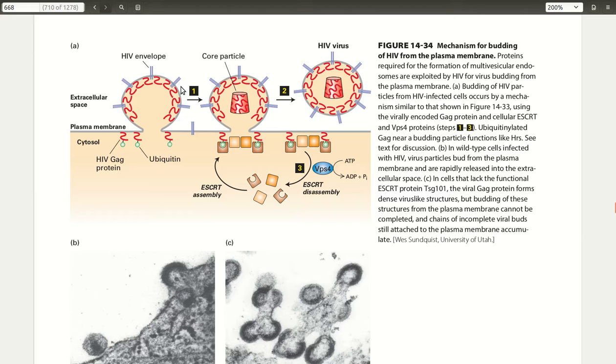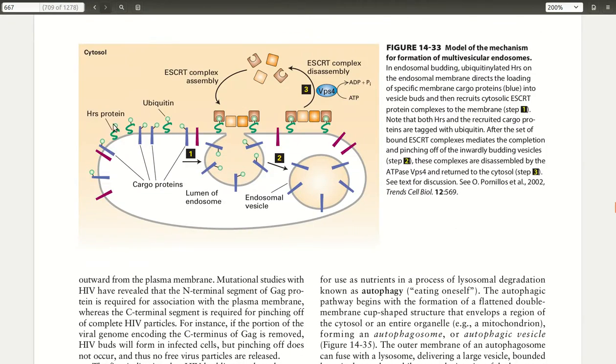And it turns out that some viruses like HIV use a similar method of virus particle budding. They have this HIV gag protein, which has ubiquitin attached to it, and it basically resembles this HRS protein on the endosome with ubiquitin.